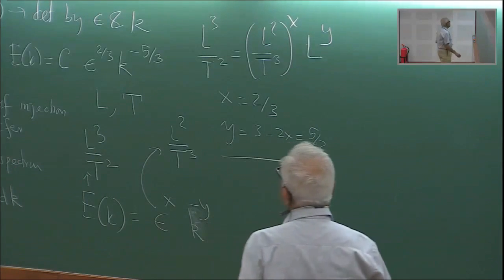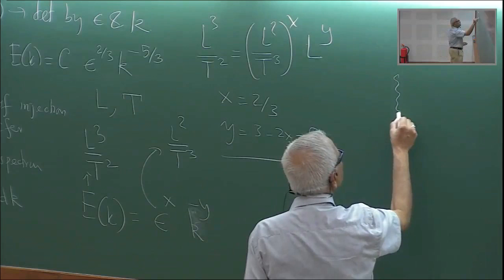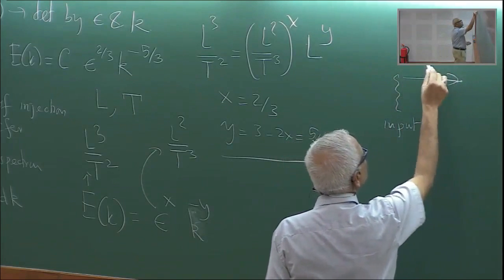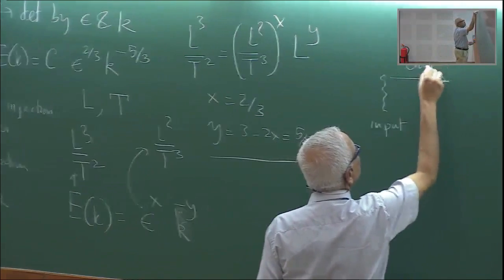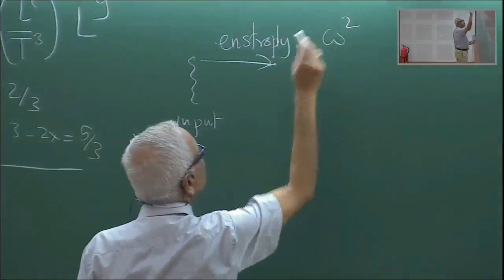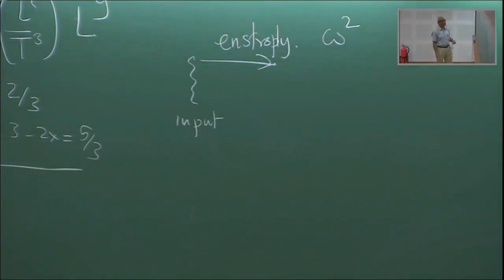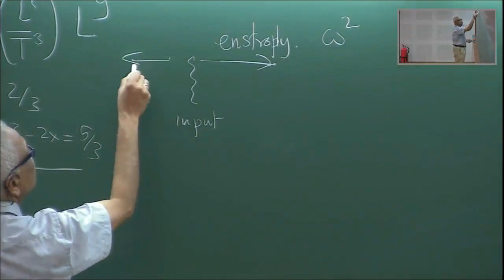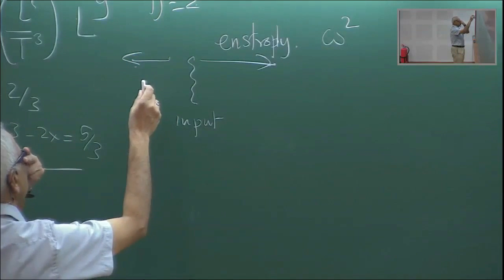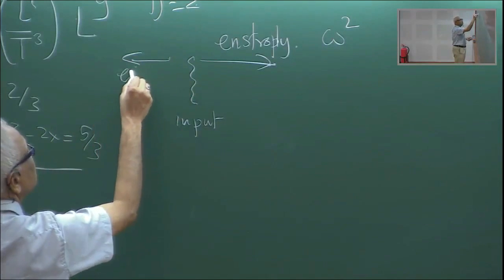Now when it came to d equal to 2, I said that there is input over here, and this is the direction in which entropy, which is omega squared, flows, and the energy flows backwards.